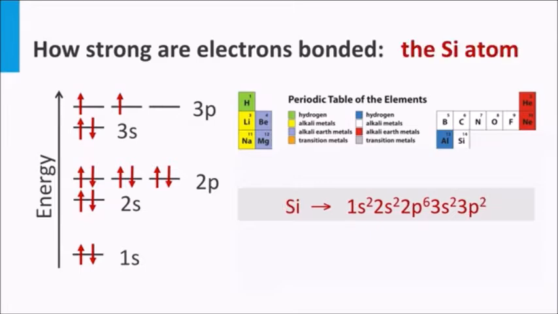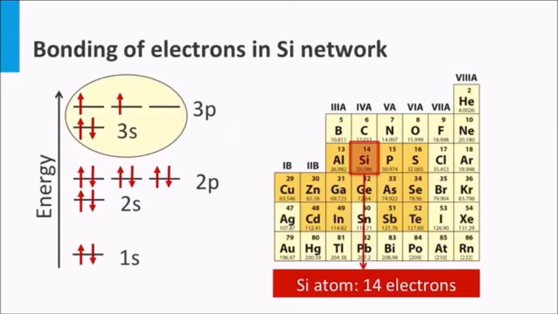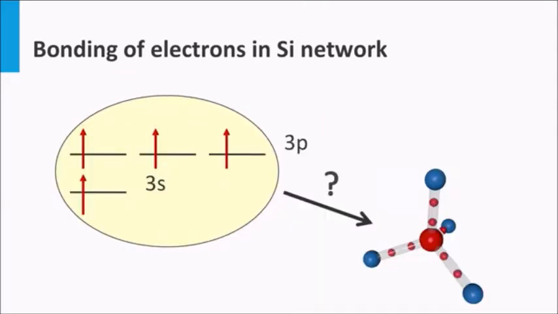Finally, we arrive at the most important element for photovoltaic applications, silicon. 90% of the commercially available solar panels are based on silicon. Silicon has 14 electrons in orbit around its nucleus and fills up to 4 electrons in the 3s and 3p states.